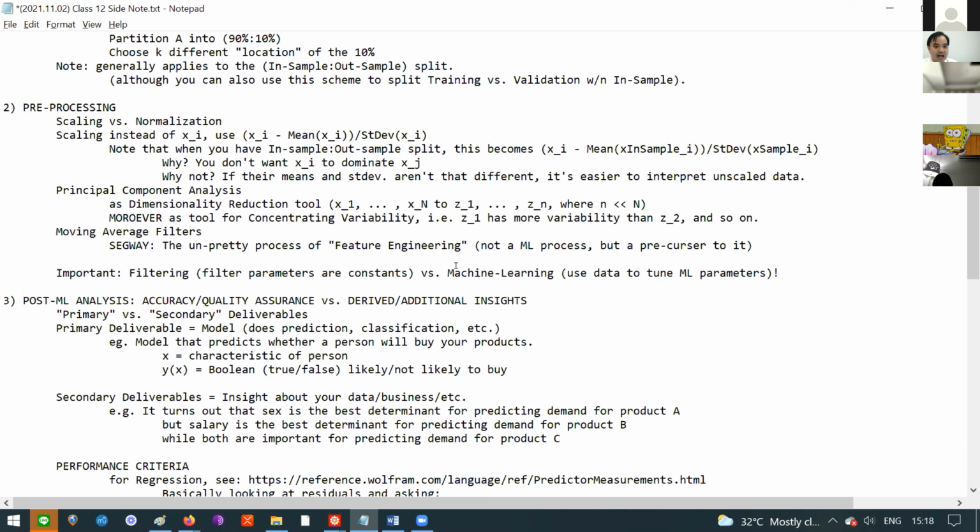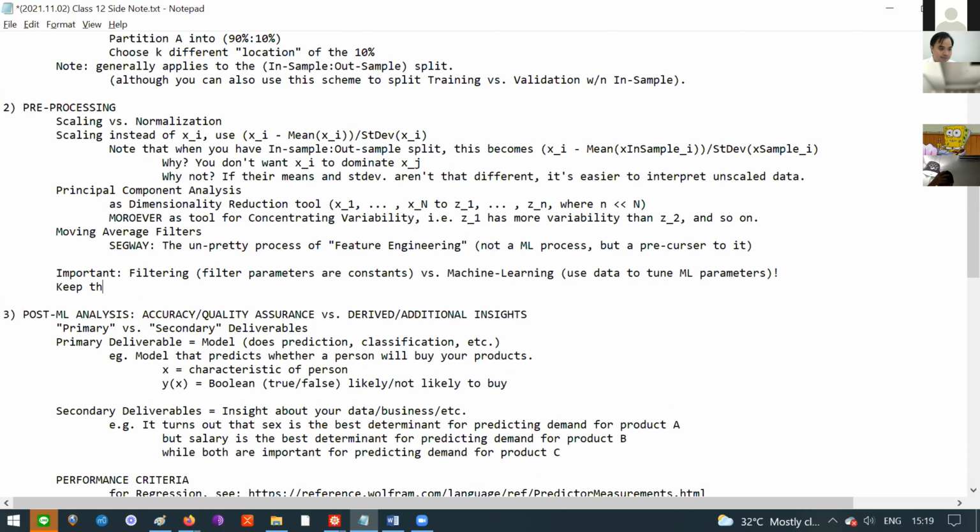Like moving average, how many periods to go back is a parameter. Exponential, what's the lag coefficient, the lag rate, those are parameters, they're not learned. That's very important. So this is how it's done. Keep this in mind for next class. I won't tell you what it is, but you'll see it next class.